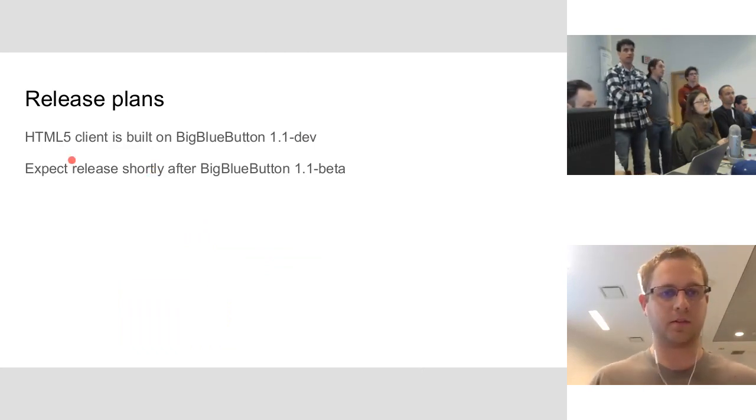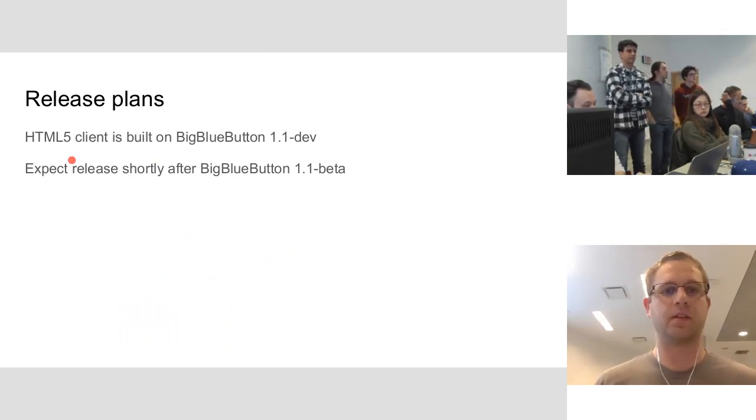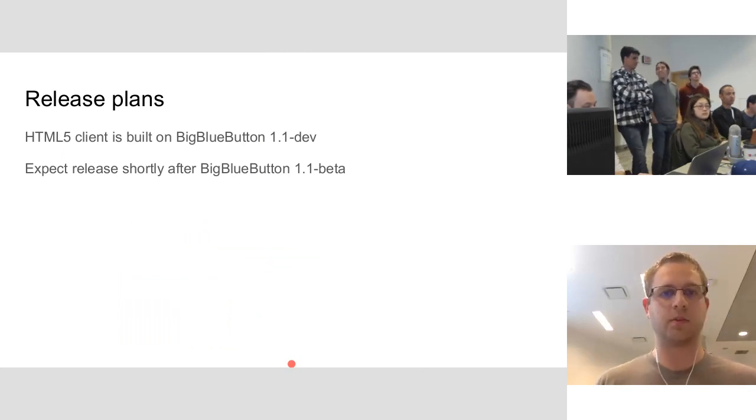All right, so this was the latest update from the HTML5 client, and now it's time to talk about release plans. The HTML5 client is still in the process of being built.